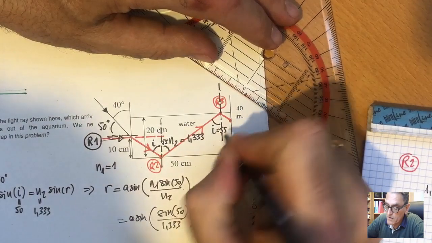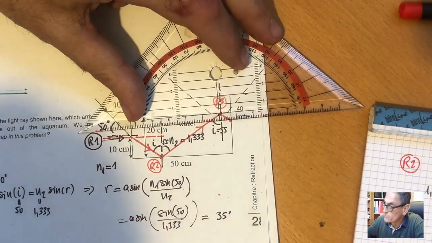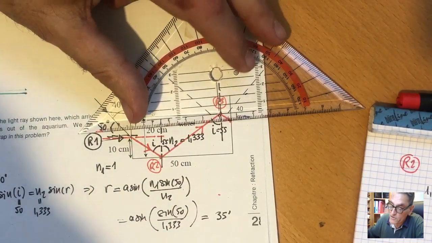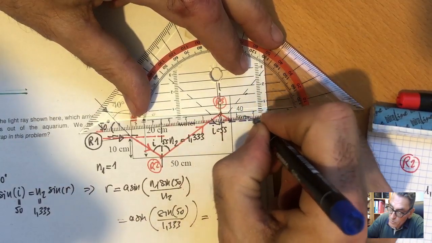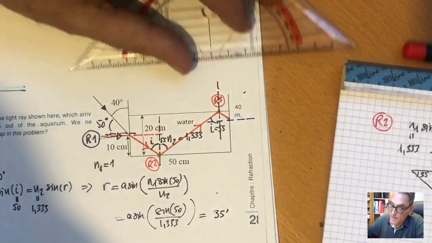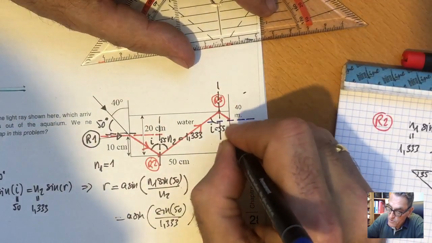And then we arrive here and we have our last refraction here to be computed. The normal is here. What is the angle of incidence for this refraction, R4?